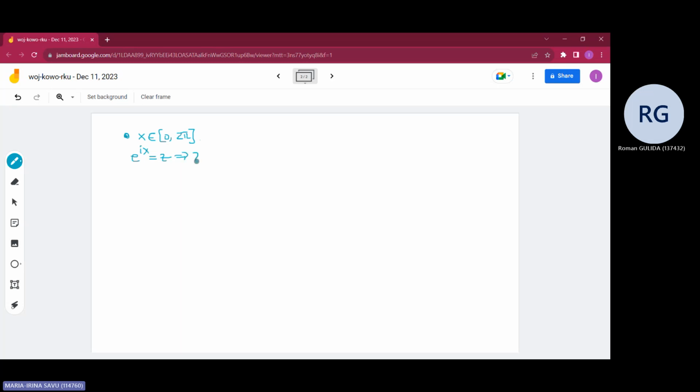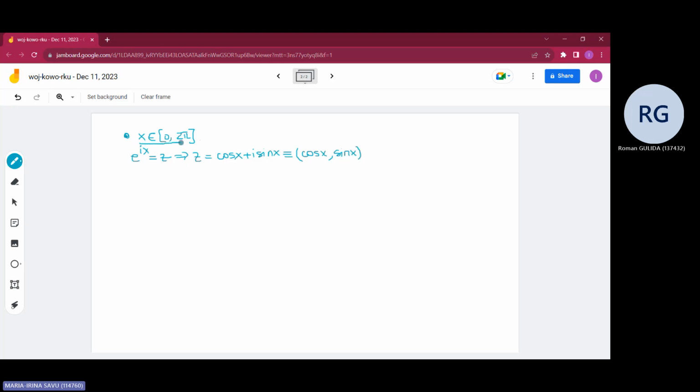So from here, it means that z is equal to, using the Euler formula, cosine of x plus i sine of x.